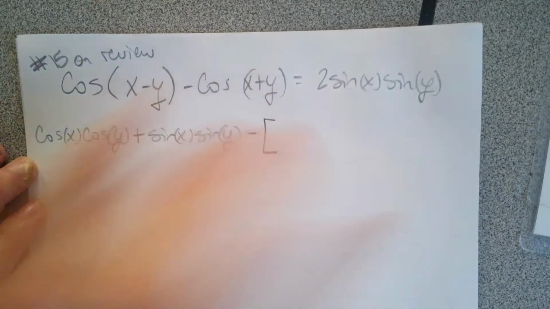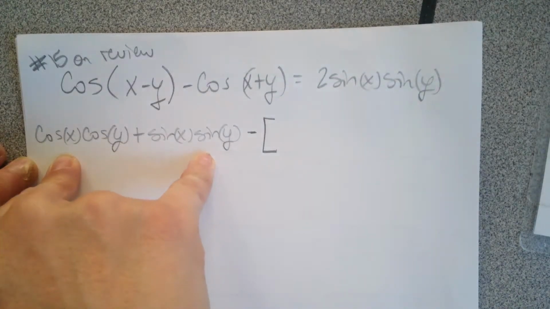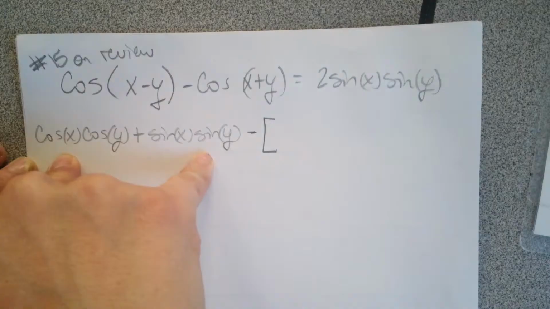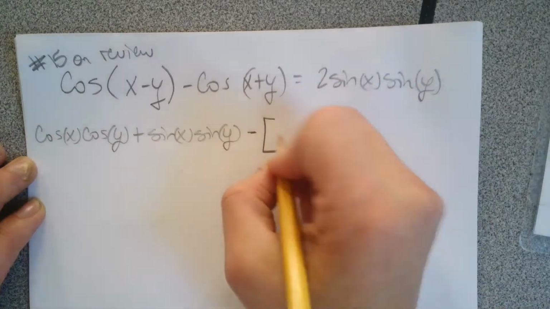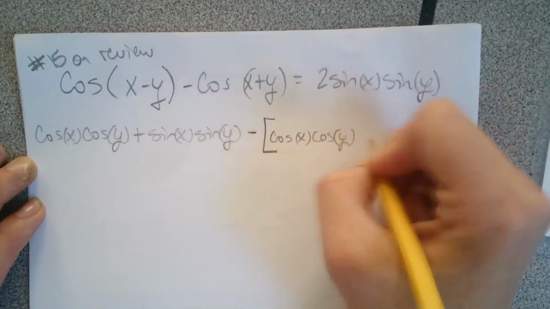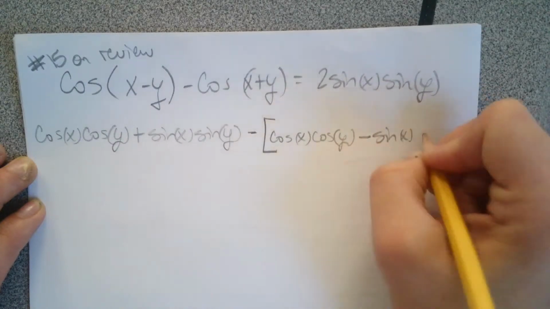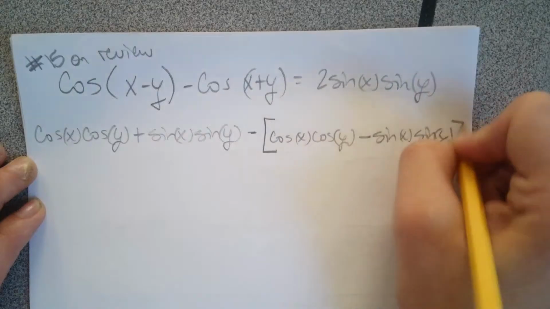Cosine of x plus y is the same exact thing that I have here, but what? Minus instead of plus, right? So this is going to be cosine of x, cosine y, minus sine of x, sine of y.